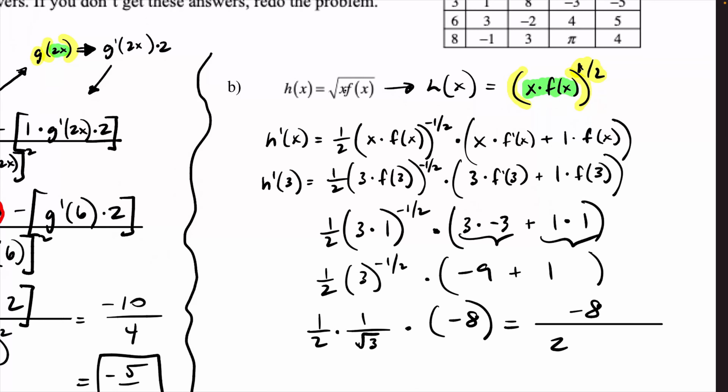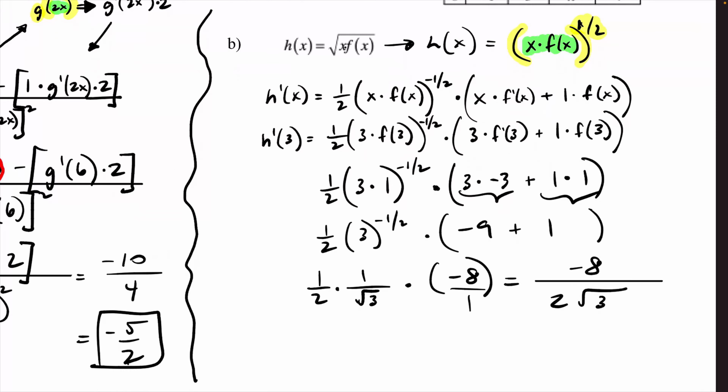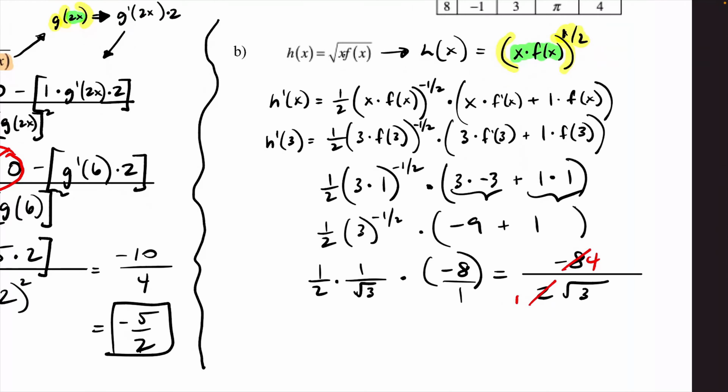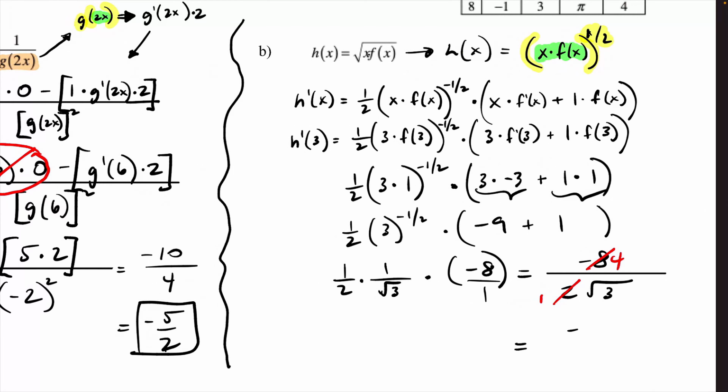I get 2 times the square root of 3 on the bottom, because this is over 1. Simplify. Divide these both by 2. And you're done. So it would be negative 4 over square root of 3. You don't have to worry about the root being on the bottom. Just leave it like that.